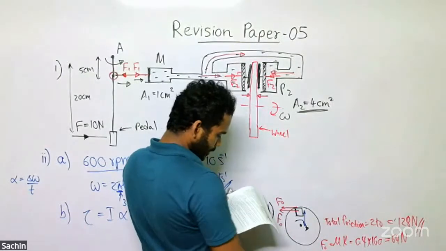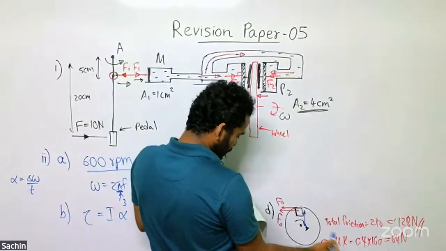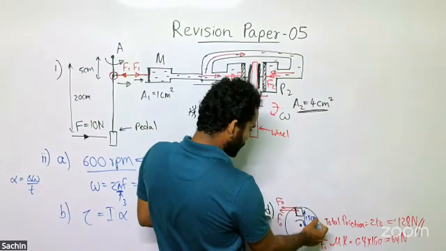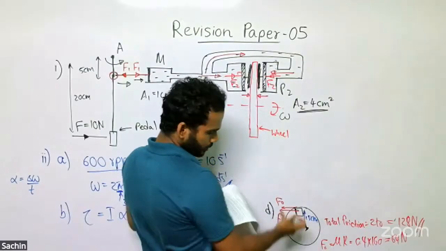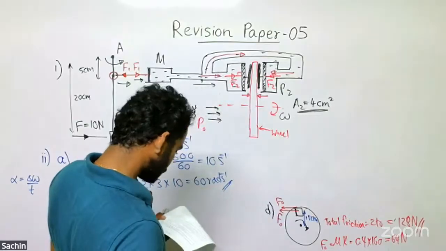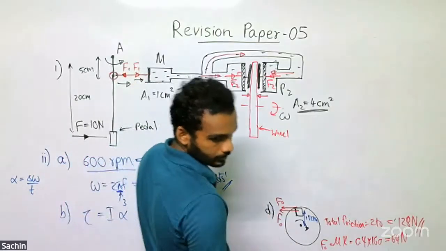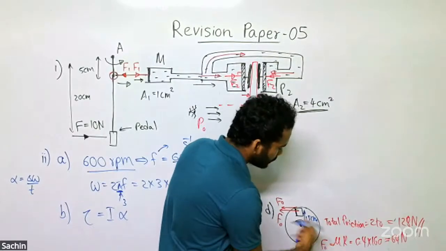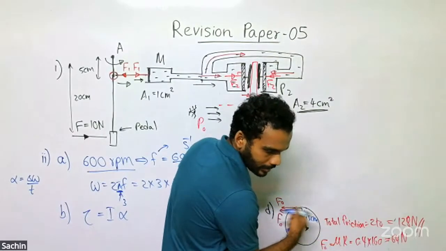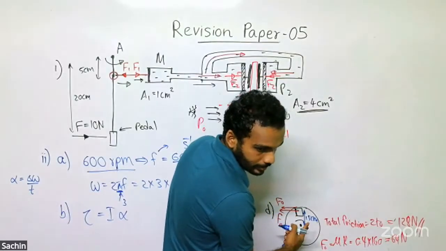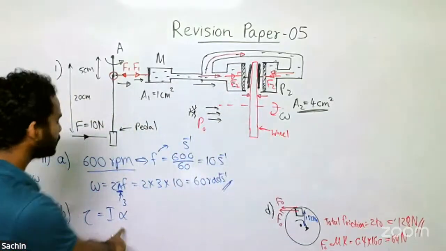In the second part, they have also given the distance from the line of action, 15 centimeters from the axis of the wheel. The wheel is moving clockwise, and the friction force acts in the other direction, anti-clockwise. So an opposing torque will be generated, and because of this torque, there will be a deceleration.